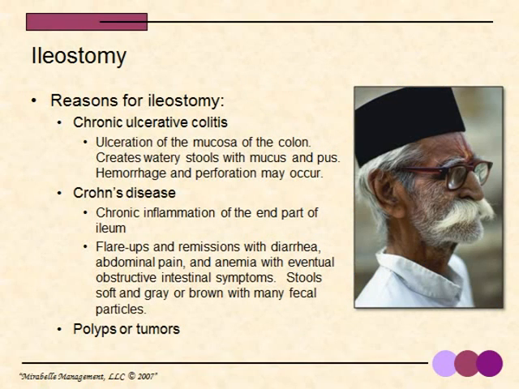One reason a person may have an ileostomy would be due to chronic ulcerative colitis. This is ulceration of the mucosa, or the lining of the colon. It creates watery stools with mucus and pus, and hemorrhage and perforation, or tearing of the colon, may occur. Another disease is Crohn's disease.